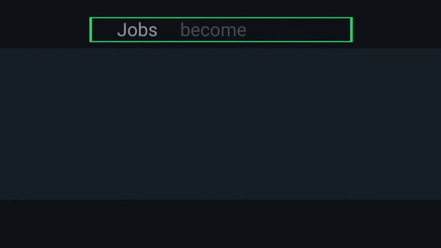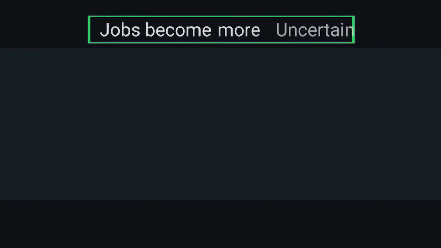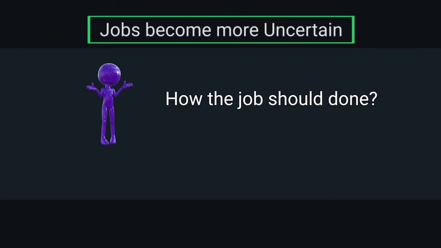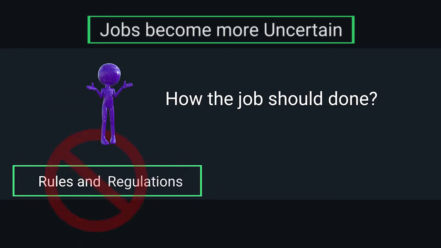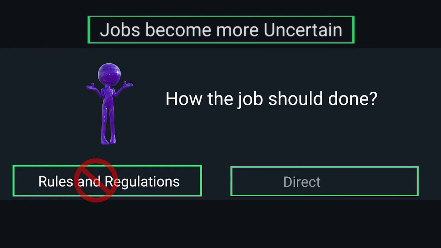Another way of looking at it is that when the job gets more and more uncertain, more in terms of how the job should be done, rules and regulations do not have a great role to play. Neither does direct supervision. And as you become senior in an organization, what you need to deliver becomes much more uncertain, especially how you are going to achieve it.